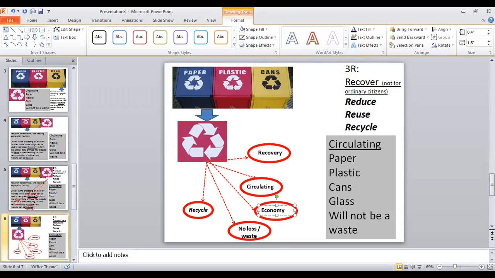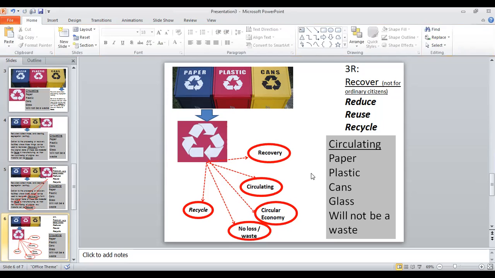So the millions of daily, okay, putting into this will come back. We call this circular economy. Circular economy. So, circulating. Okay. Circular economy.